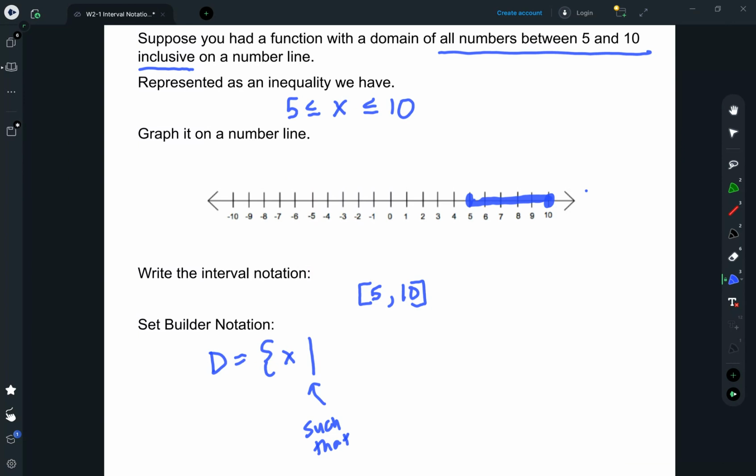And then we just put our inequality in here. We're going to go all x such that 5 is less than or equal to x, which is less than or equal to 10. So really, with set builder notation, you've already done most of the work because you already wrote it in interval notation here, and that goes in the second part of the set. So just left set bracket x bar, the interval in the set.